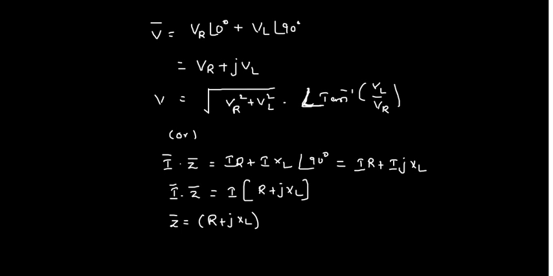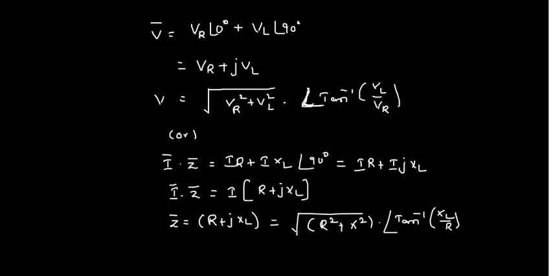If I want the magnitude, it is the square root of R square plus XL square, and the angle between them is tan inverse XL by R. So this is the angle between resistance and reactance.